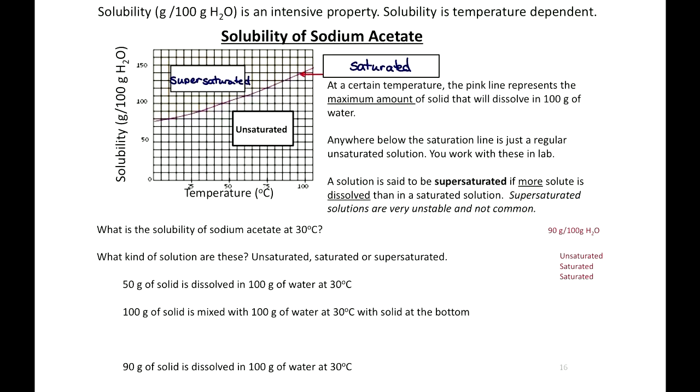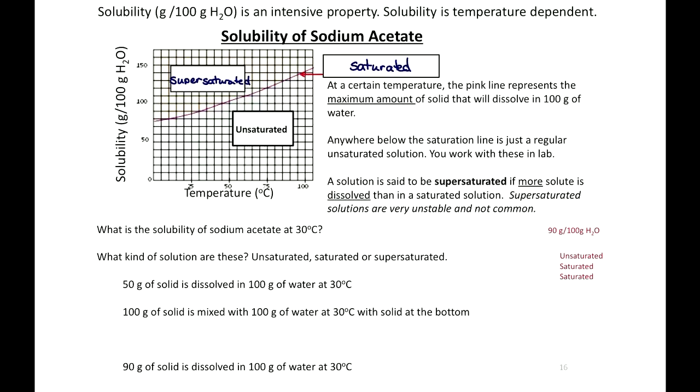But we can also look at temperature. Generally, for 99% of substances, higher temperature means higher solubility of solids. That water can go in and dissolve solute particles into solution at higher temperatures, like 99% of the time. Sometimes it doesn't, but we'll talk about that later.